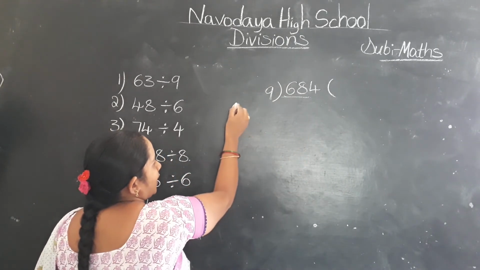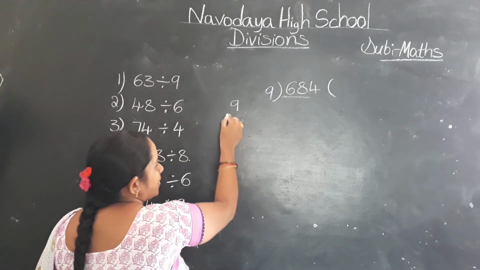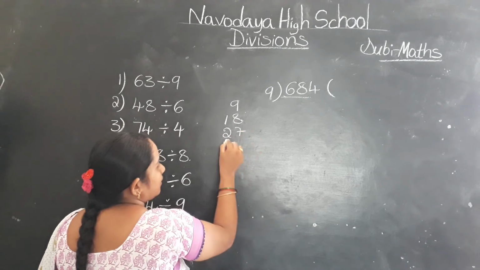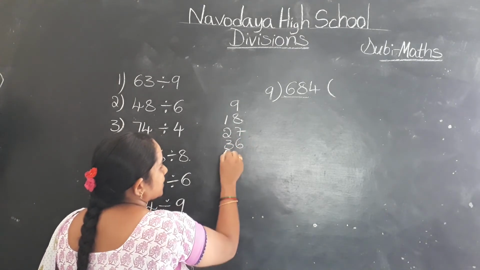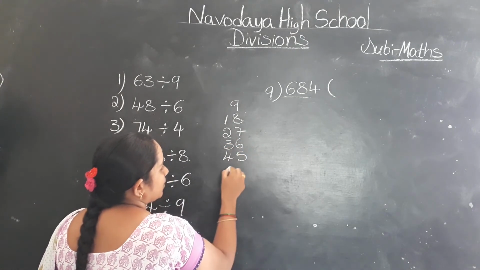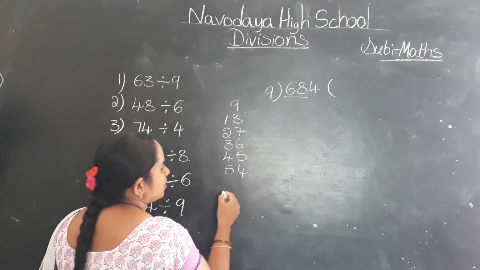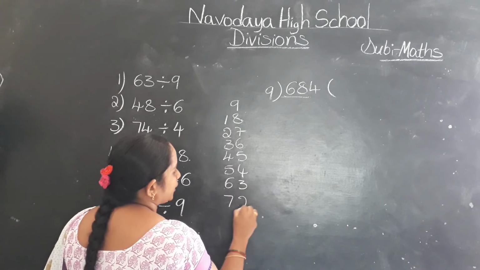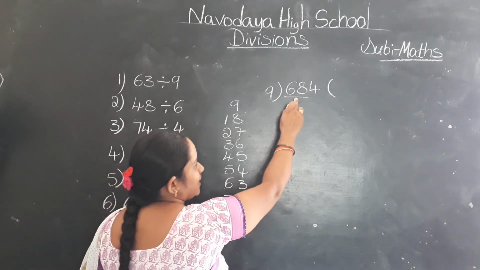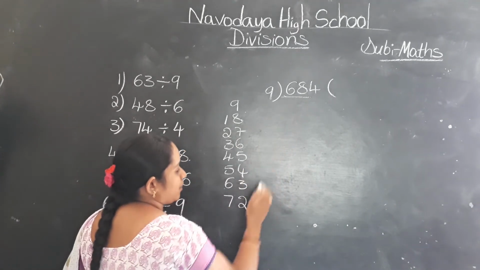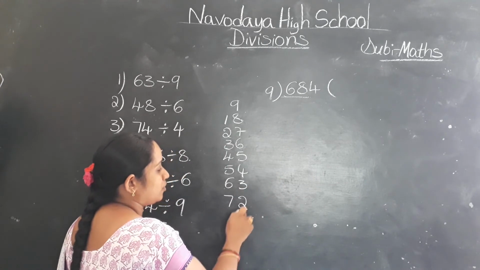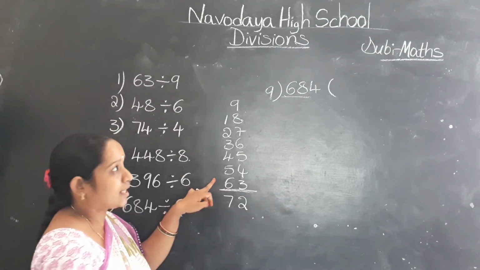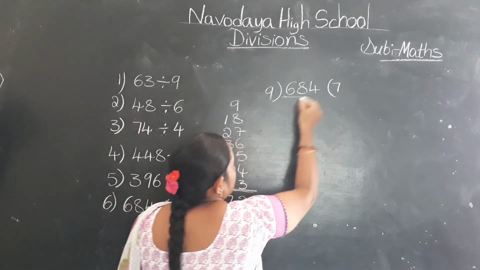So once recall 9 table, 9 ones are 9, 9 twos are 18, 9 threes are 27, 9 fours are 36, 9 fives are 45, 9 sixes are 54, 9 sevens are 63, 9 eights are 72. So here we want 68. 68 lies between 63 and 72. We want lesser number, that's why we are choosing 63. 9 sevens are 63.